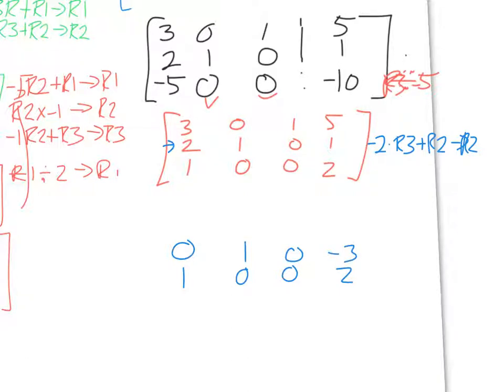And to get rid of the 3 in row 1, what we're going to do is multiply negative 3 times row 3 plus row 1, and that becomes row 1. That gives me 0, 0, 1, and negative 3 times 2 is negative 6, plus 5 is negative 1.